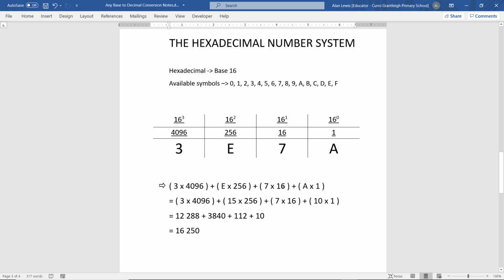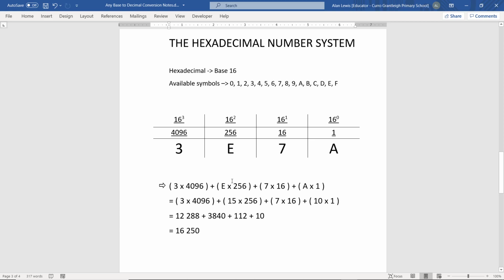There it is there, 7 times 16, plus, and I've got A 1s, A times 1. So that is what my number is. Let's start working that out. So I've got 3 4096s. I take my E and I replace it with 15 because I know that E is 15 from up here.